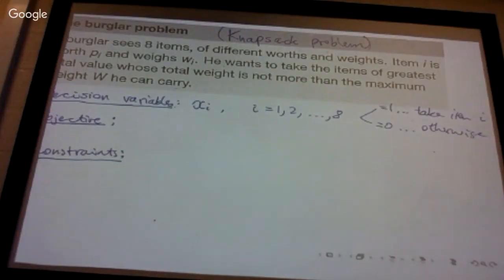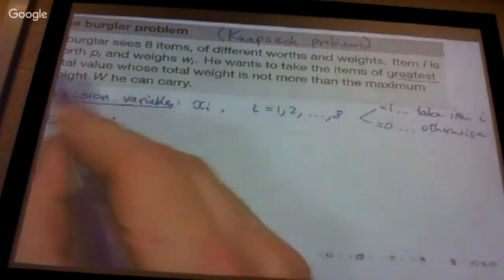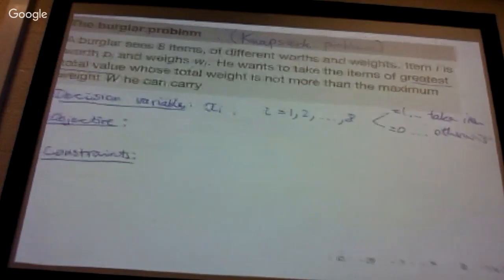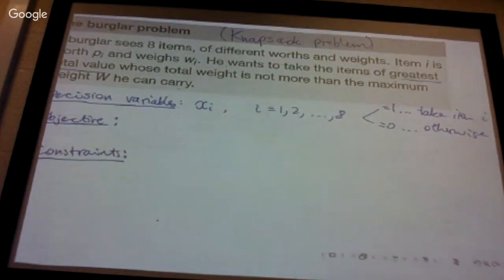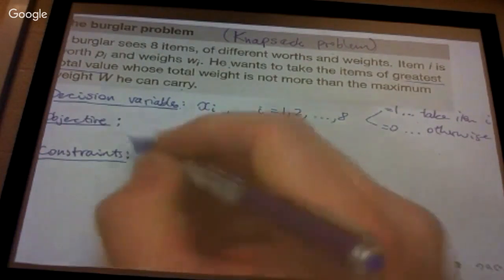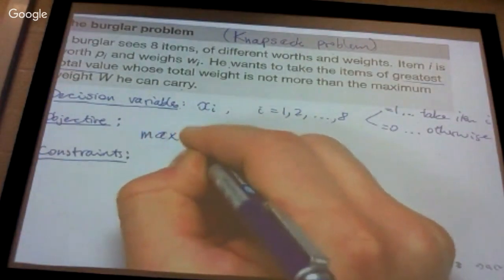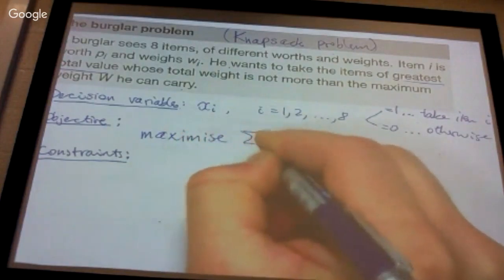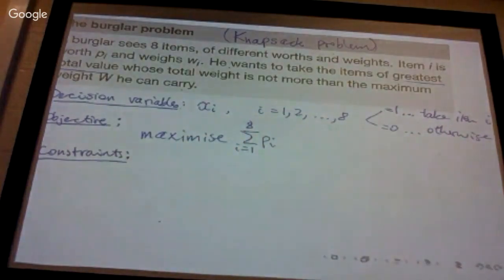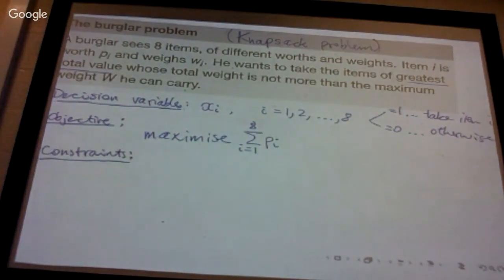What's the objective? Does it say? Greatest total value. Maximize the sum of PI. Like this? How does that depend on what you take and what you don't take?